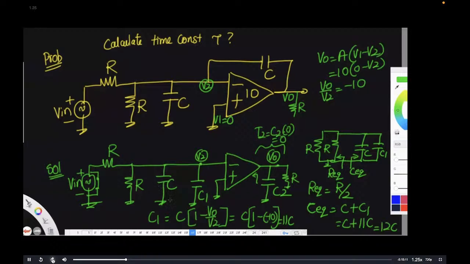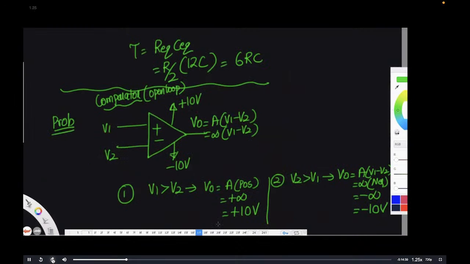Remember, please, the total delay offered by the system is the delay of individual poles. Each pole, that means each capacitor, is giving some signal delay. The signal which is traveling from source to destination is having 2 poles. So the total tau is going to be tau 1 plus tau 2. Please remember that. Right? Okay.